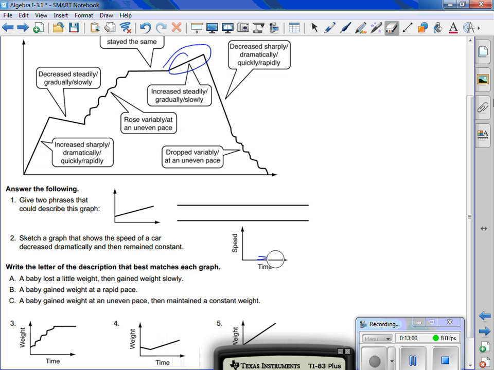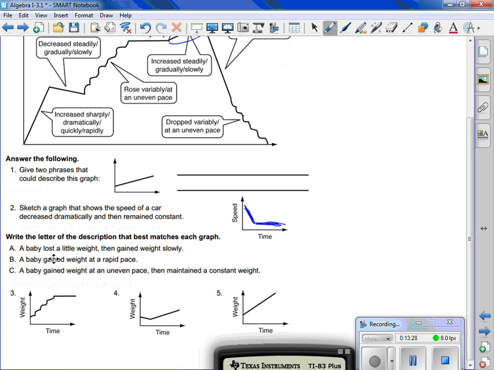I'm just going to move it over just a bit so everyone can see it. Goes down dramatically and then remains constant. Perfect.